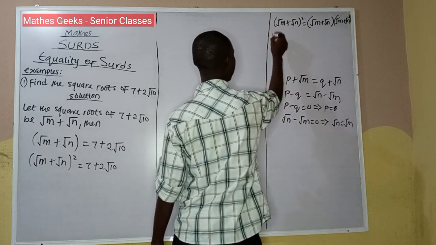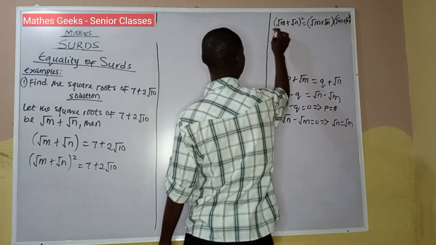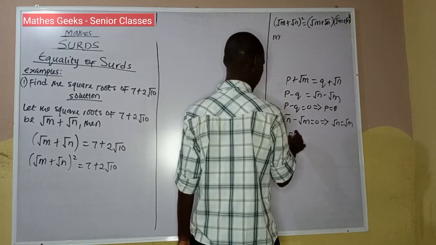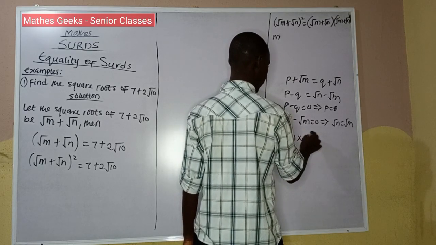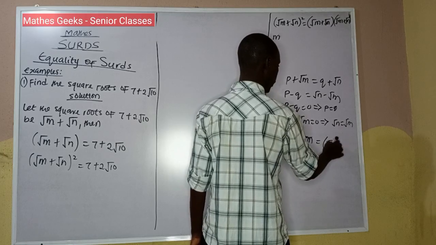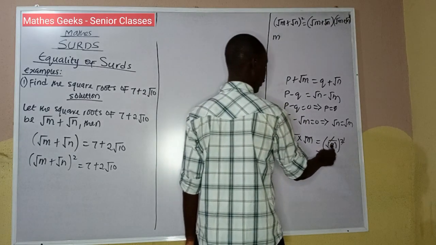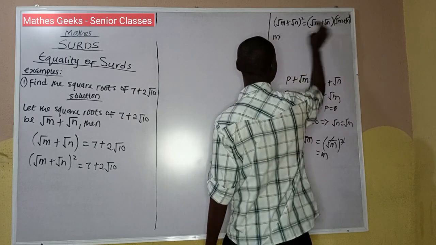So root m times root m will give us m. Remember that when you have root m times root m, it is like the square root of m squared, so the square and root cancel and we have m.